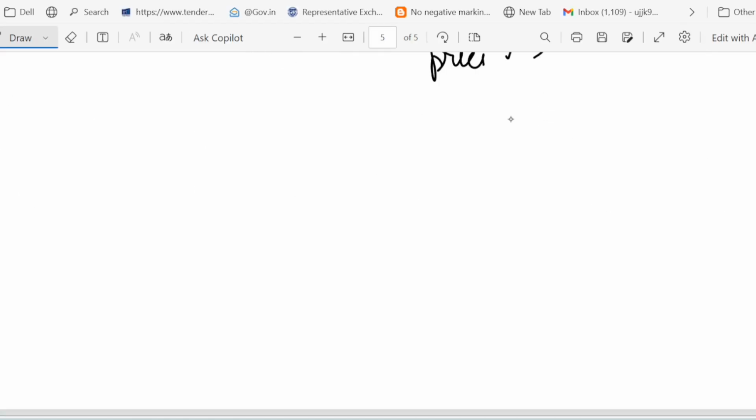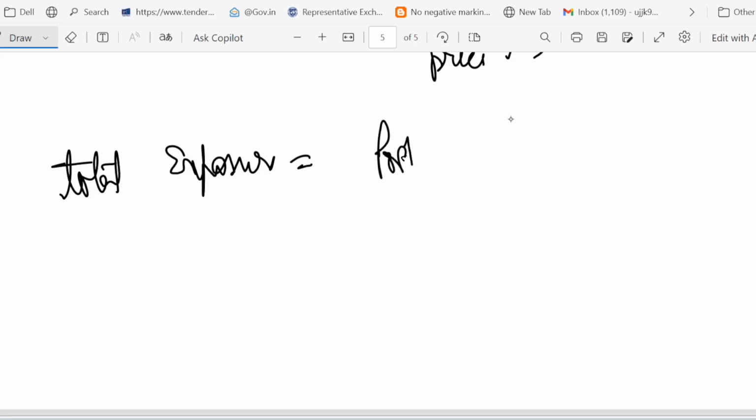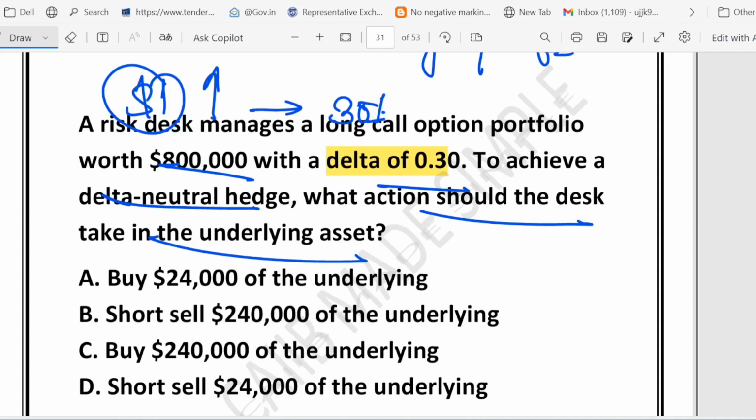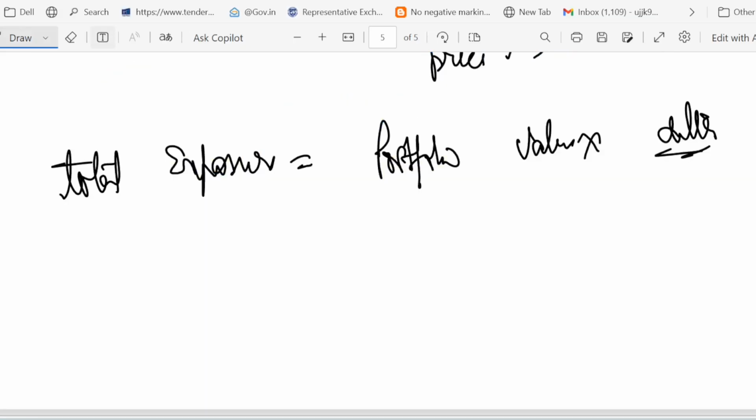Let me write down the formula. Your total exposure is equal to portfolio value multiplied by delta. Just remember it. Now in this case, the portfolio value they have given is $8 lakh, and delta is 0.30. So 8 lakh multiplied by 0.30.